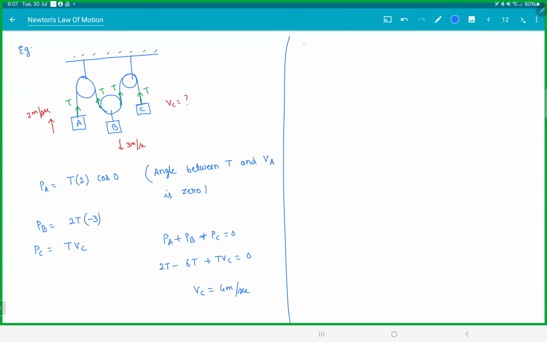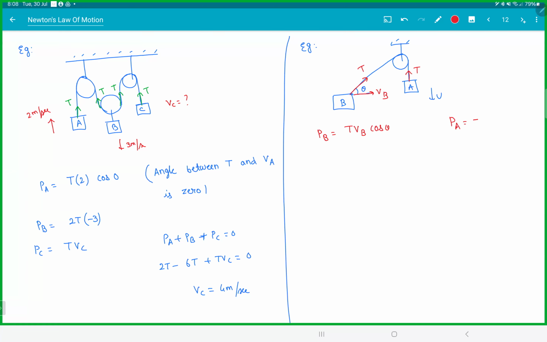Let me take one more example. This one which we did, B. This guy is going down with A. This is going with U. This is theta. Look at this. This is tension, this is tension, this is VB. Power on B is T VB cos theta, or you can say T cos theta into VB.